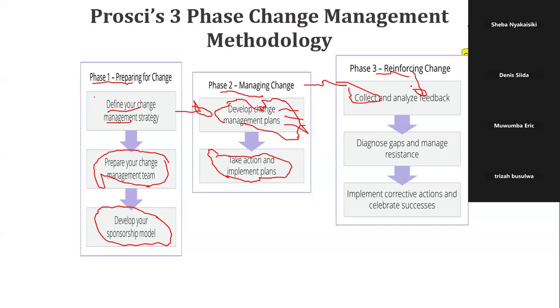If we find that it's not producing results, this is where we diagnose gaps. Okay, where is it? Why is it not changed? Why is it not producing? We go back and re-engineer. Then we manage any resistance that may be coming up. We implement our corrective measures, and if there's any success, we celebrate it.